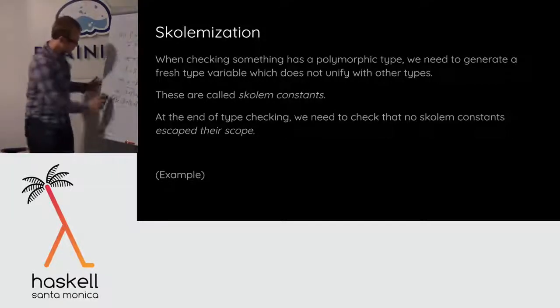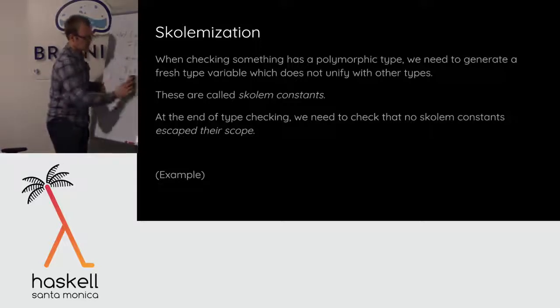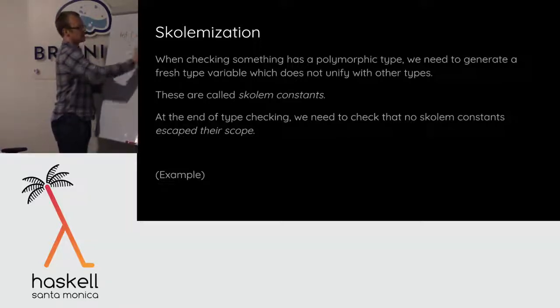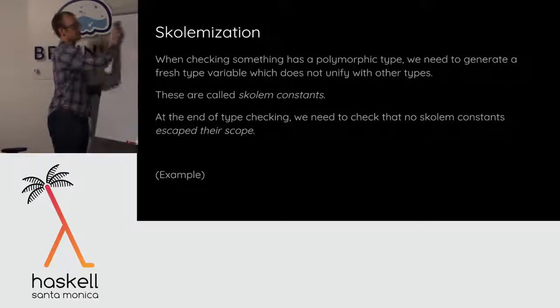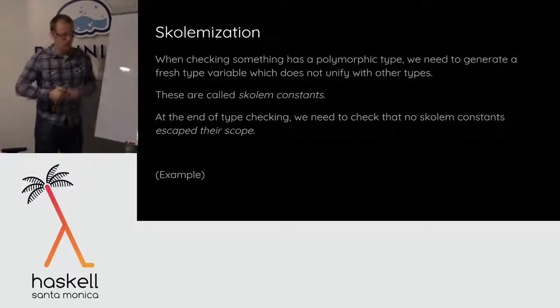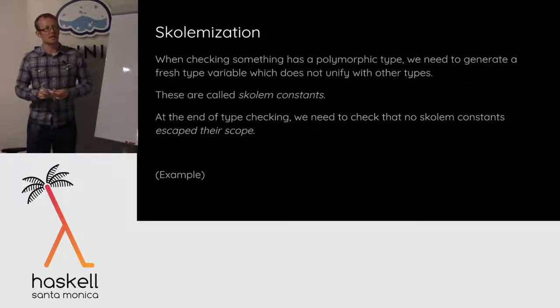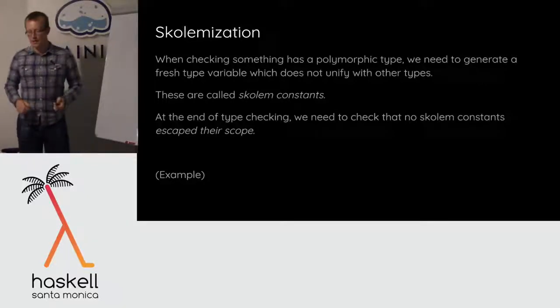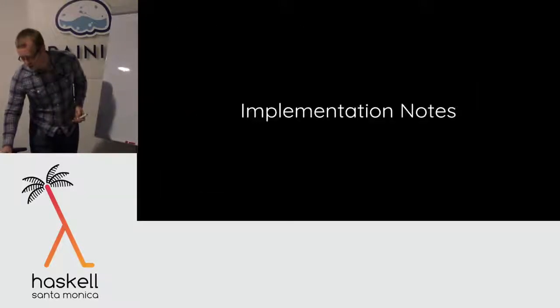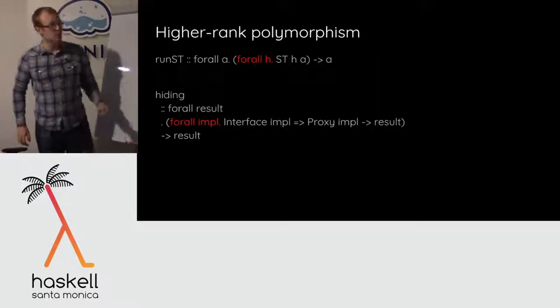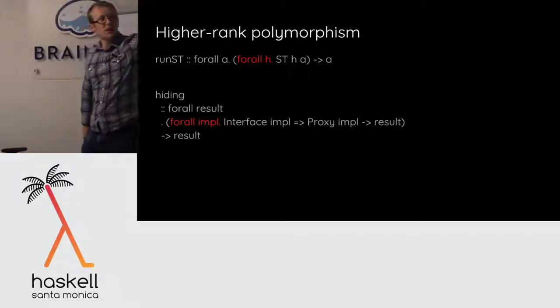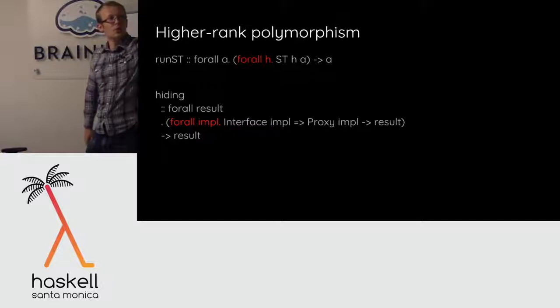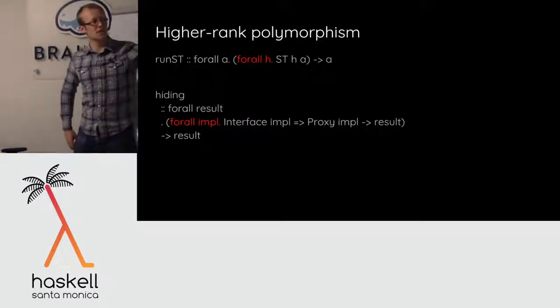When you check something has a polymorphic type, as often comes up when you're working with rank-n types and things like that, you need a way to represent the, so let me just go back a second. When I talked about higher rank polymorphism, I said the reason this worked was because you had to be polymorphic in the part of the heap you were using, this sort of conceptual representation of the heap.